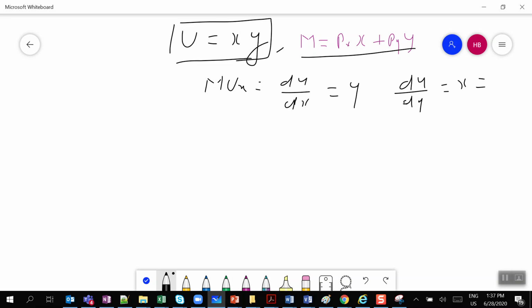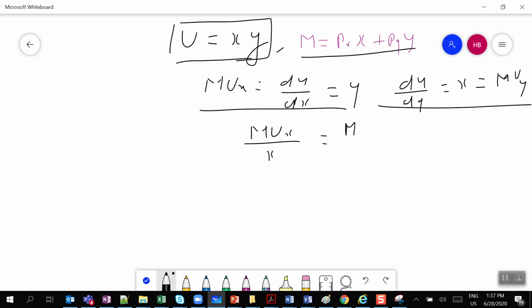So we are just deriving your marginal utility with respect to x and with respect to y. When you maximize your utility, what happens?